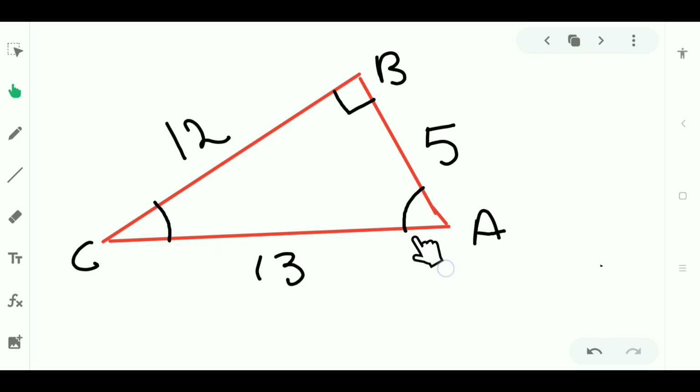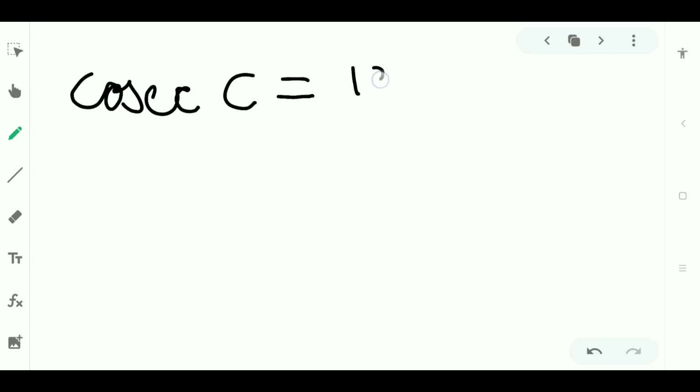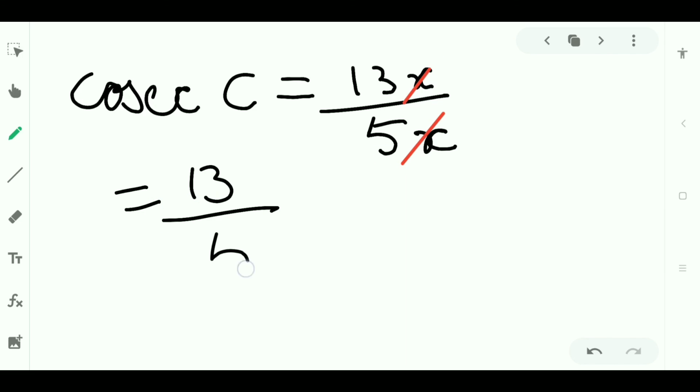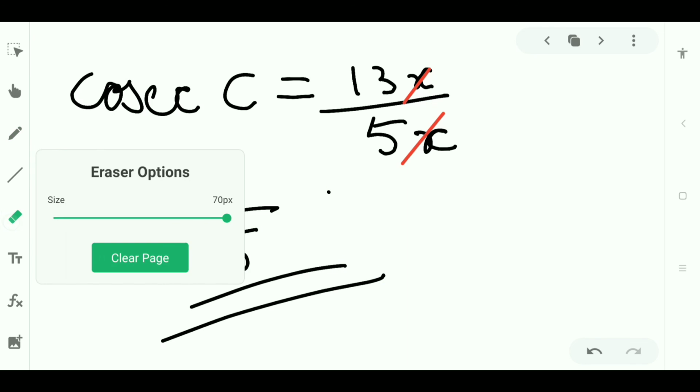So this is hypotenuse and this will be opposite. So cosecant C is equal to hypotenuse by opposite, which is equal to 13x by 5x, which in result is giving us 13 by 5.